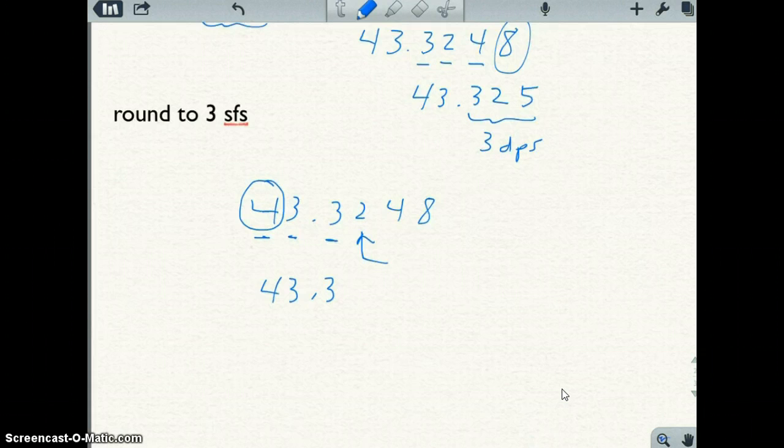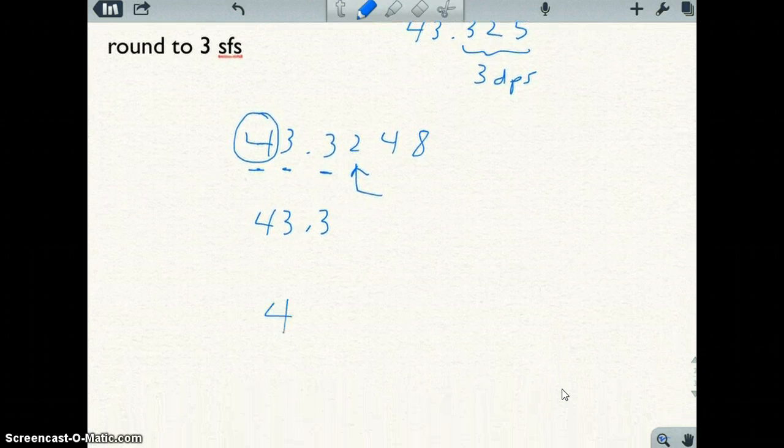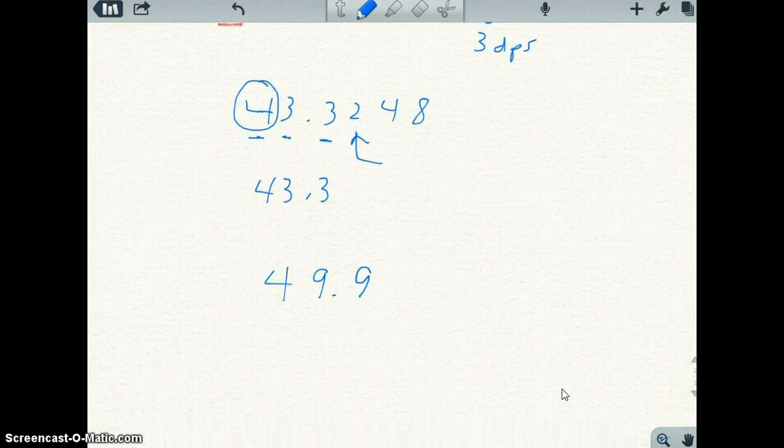Okay? And the last thing we just need to be careful about when you do rounding, and let's say you have like 49.9, and let's say we're going to round to the nearest whole number, okay?